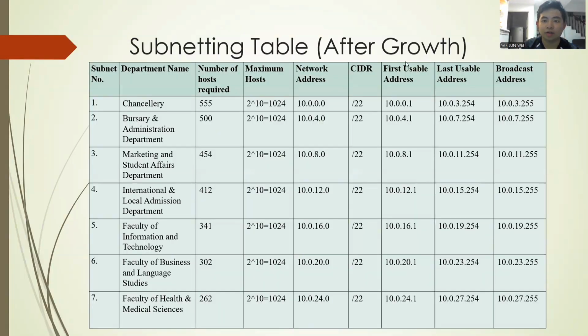So how do we calculate the first usable address of the next department? You can see the maximum host is 1024, and the maximum host of the previous one is 256. So you divide 1024 by 256 and the answer is 4, so you need to add 4 in front of the 0. So this is the sample.